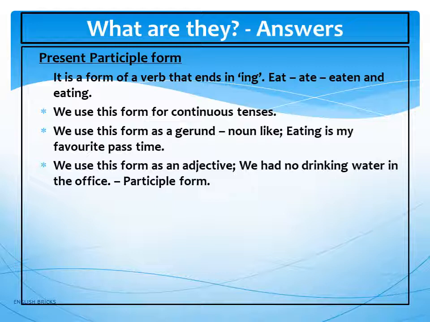Alright, so you see this, the to infinitive form, the S form, the past form, the past participle form, and the present participle form are the 5 forms in which a verb can be conjugated, whether it's a regular verb or an irregular verb.